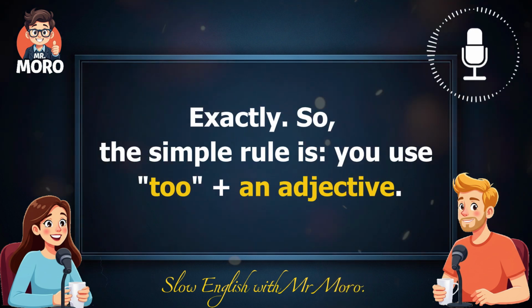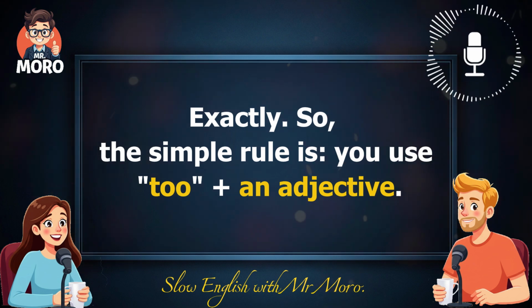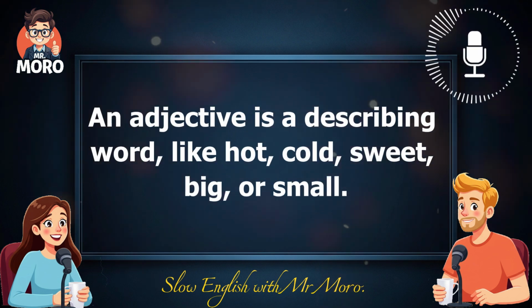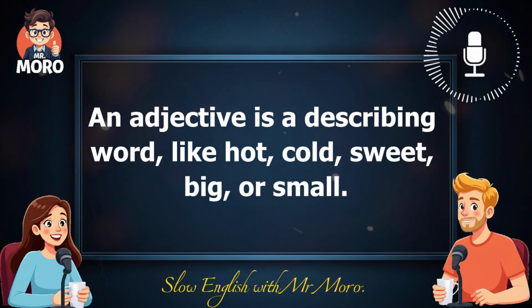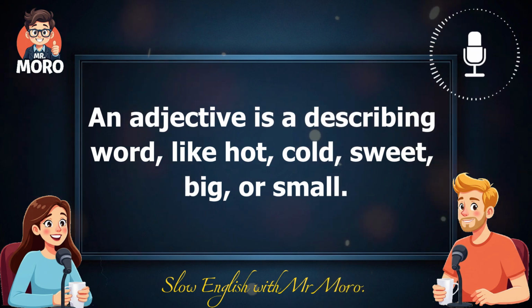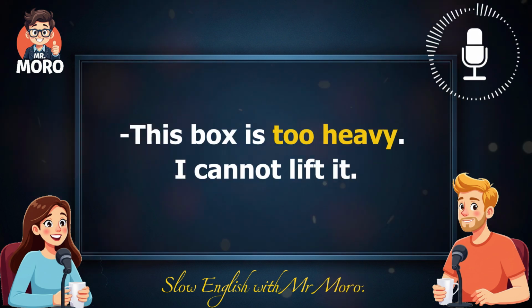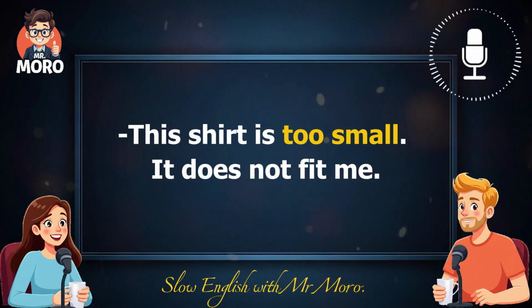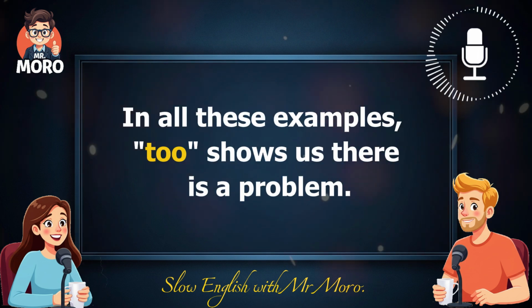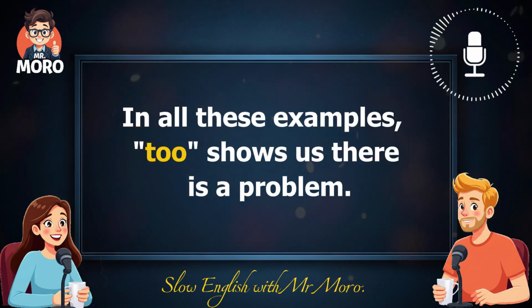So, the simple rule is you use too plus an adjective. An adjective is a describing word like hot, cold, sweet, big, or small. This box is too heavy. I cannot lift it. This shirt is too small. It does not fit me. In all these examples, too shows us there is a problem.